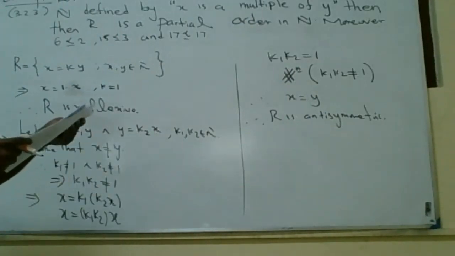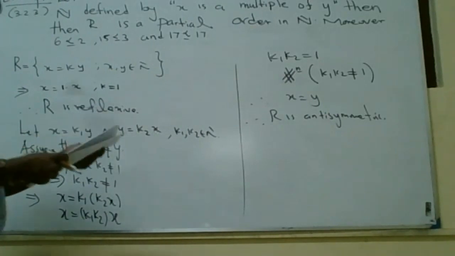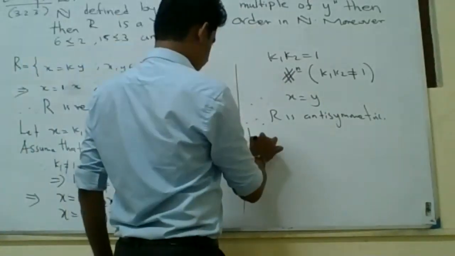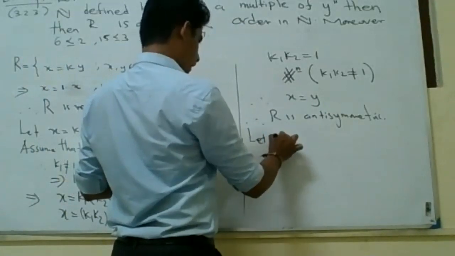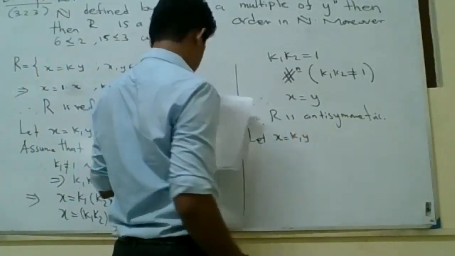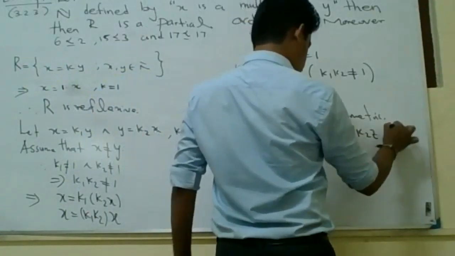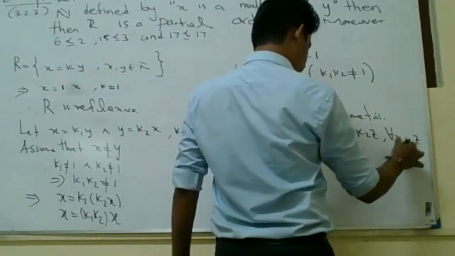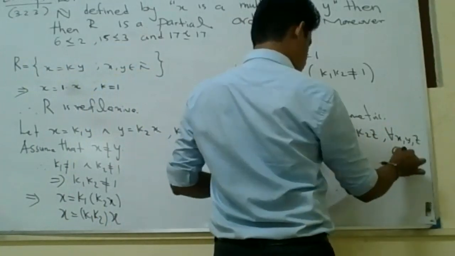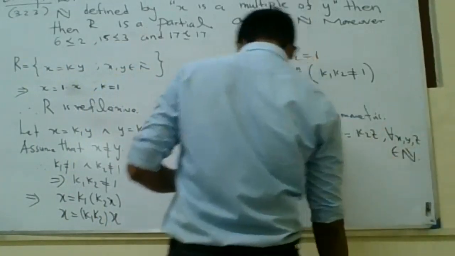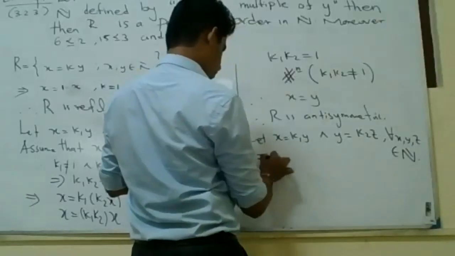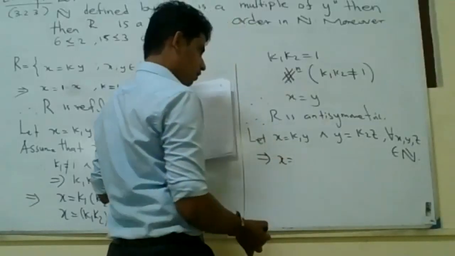Now, for the transitivity case, let x equal k1 y and y equal k2 z for all x, y, z belonging to the natural numbers. This implies x equals k1 k2 z.